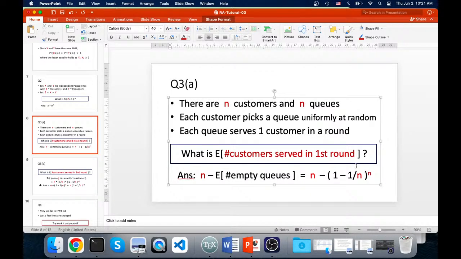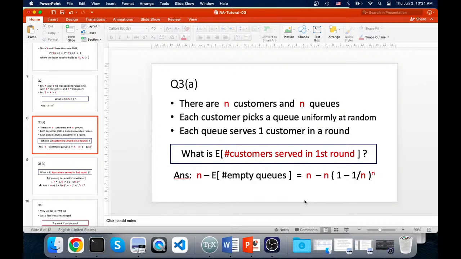Because for a certain queue to be empty, we need all the customers to not choose this queue. So the expected number of empty queues would be n multiplied by this one. So we get the result. Please double check for me whether it is correct or wrong.